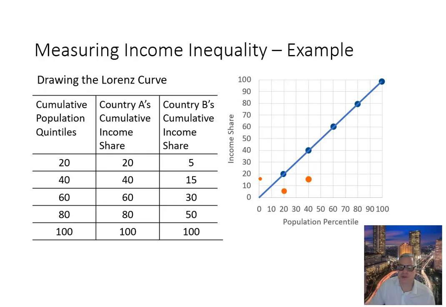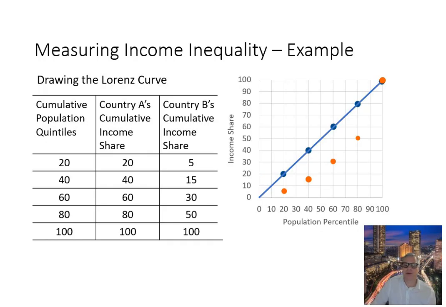The 60% poorest hold only 30% of total income, so that would be here. And 80% of the population have only 50% of total income. That means the remaining 20% must have the other 50%.